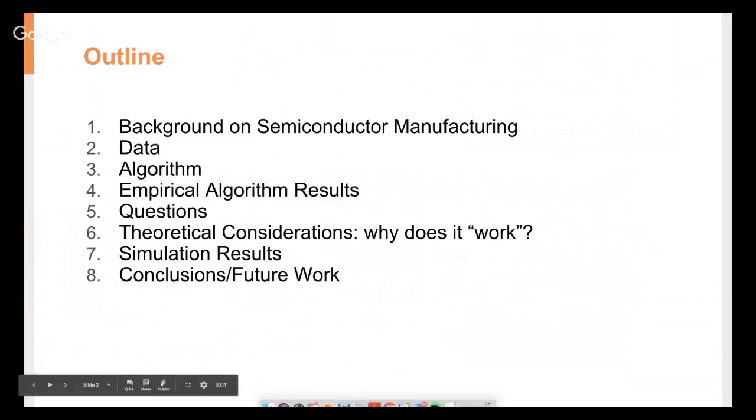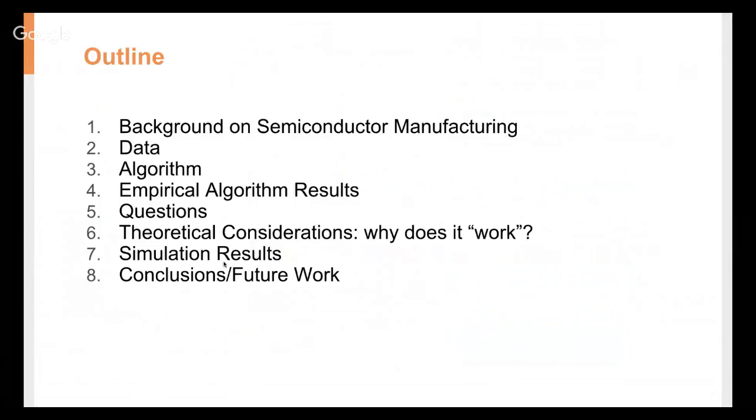I'll start by giving a small background on semiconductor manufacturing. Then I'll talk about the structure of the data from the manufacturing plant that I initially was working with. Then I'll talk about the anomaly detection algorithm. I'll give some empirical results of the algorithm, give some room for questions, and then I'll go into the section that talks about why the algorithm works, and it provides some theoretical justification for some aspects of the algorithm that I didn't even realize when I was writing the algorithm.